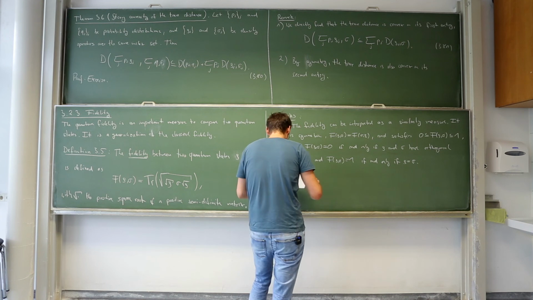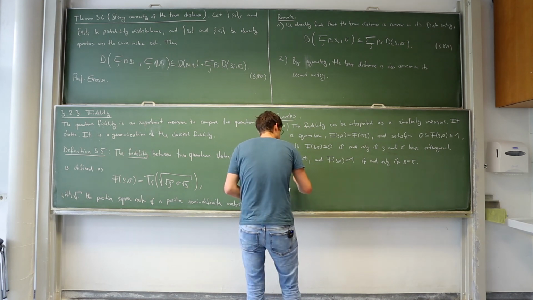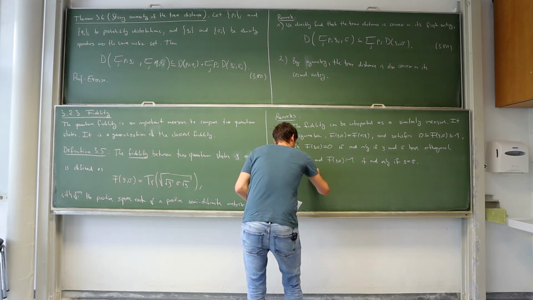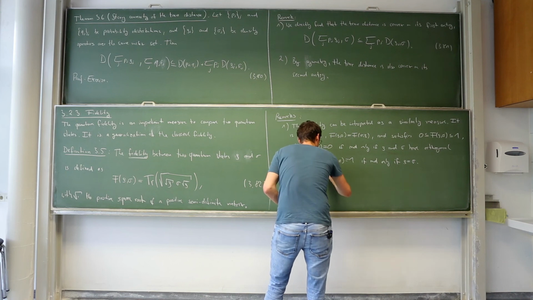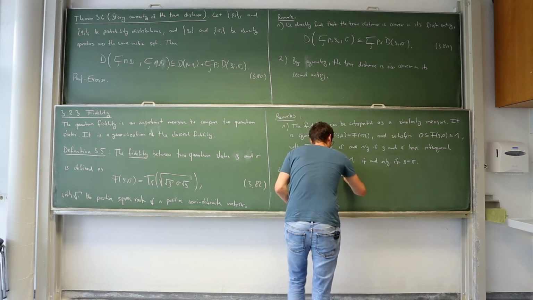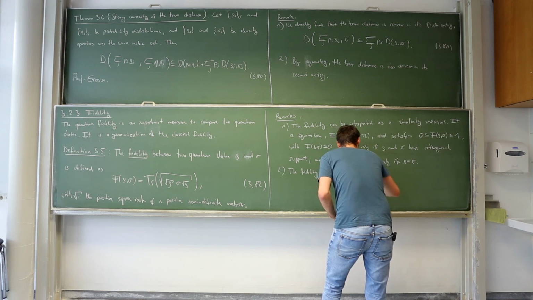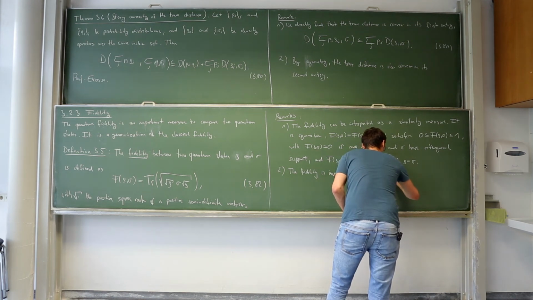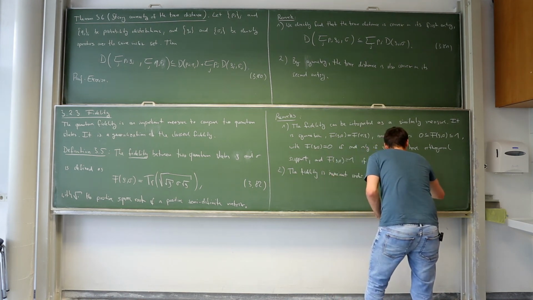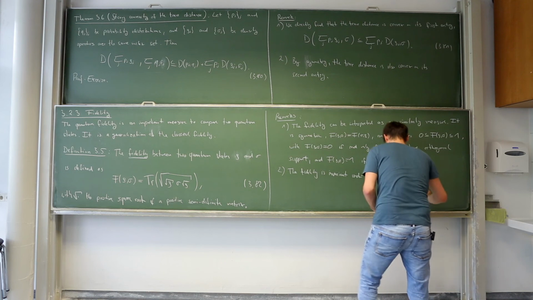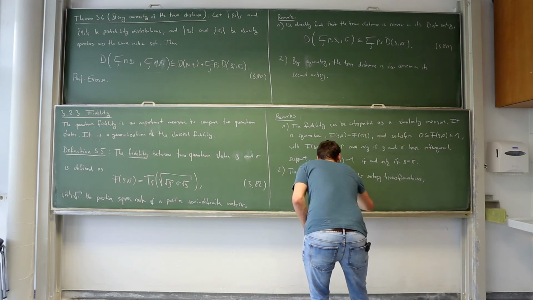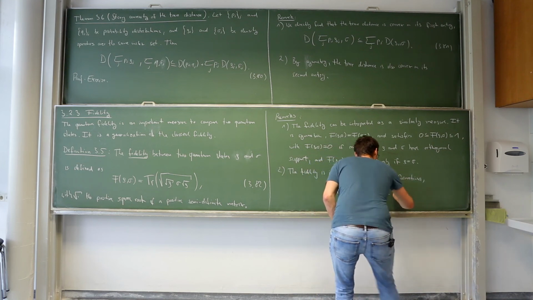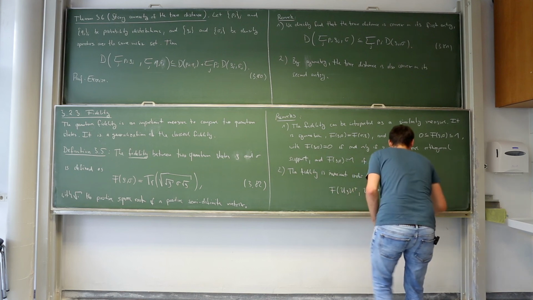So, similar to the trace distance, the fidelity is invariant under unitary transformations. So we have F of U rho U dagger and U sigma U dagger is equal to F of rho and sigma.